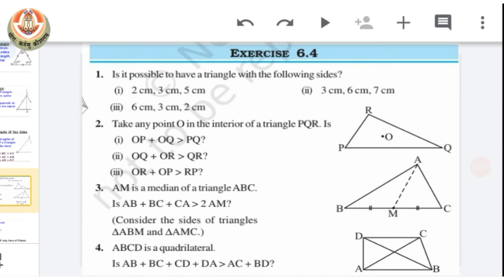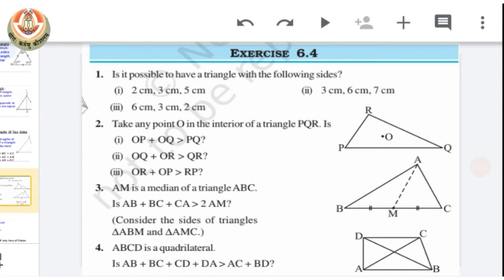Okay, so now we will do our exercise 6.4, and this exercise totally depends on these three properties, especially the sum of the lengths of two sides of a triangle. So let's see what we have to do.